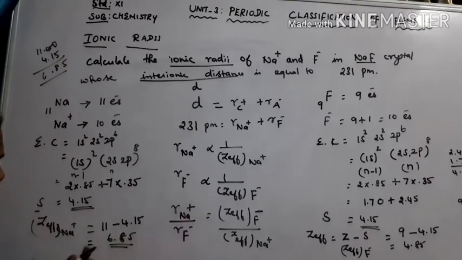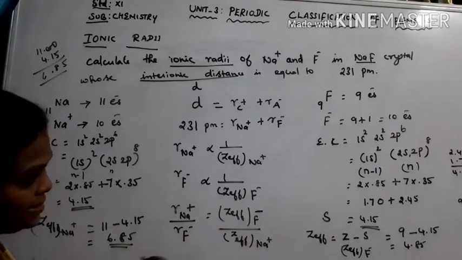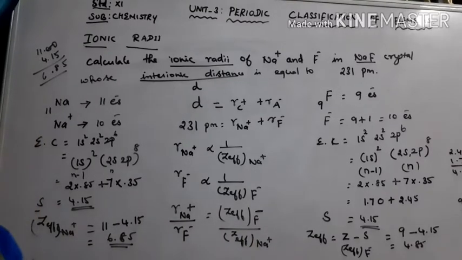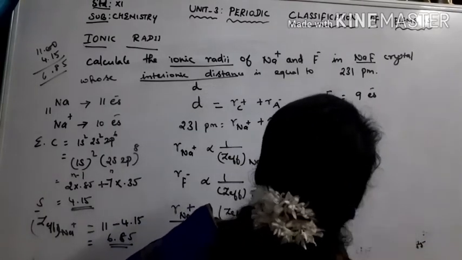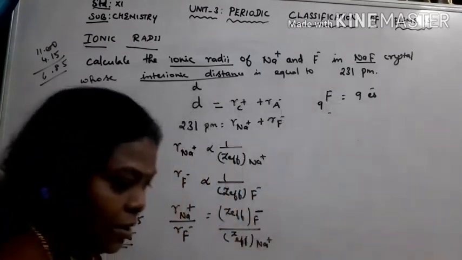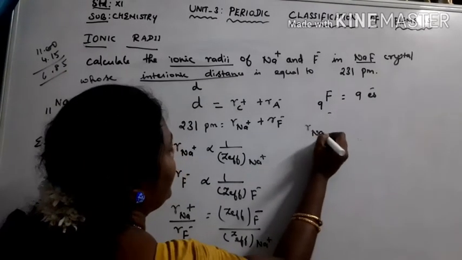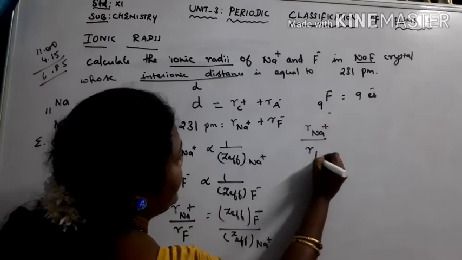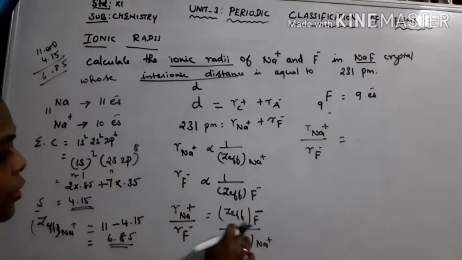The radius of Na plus by radius of F minus equals the effective nuclear charge of F minus by Na plus. While we are substituting these two, I'll rub it here and write that. Radius of Na plus by radius of F minus equal to, what's the effective nuclear charge of F minus?